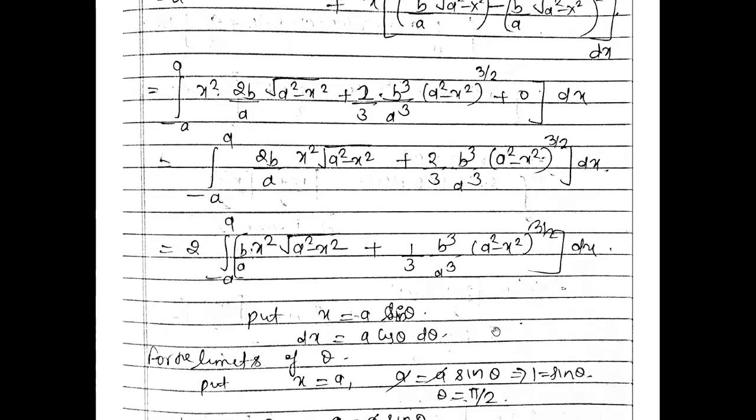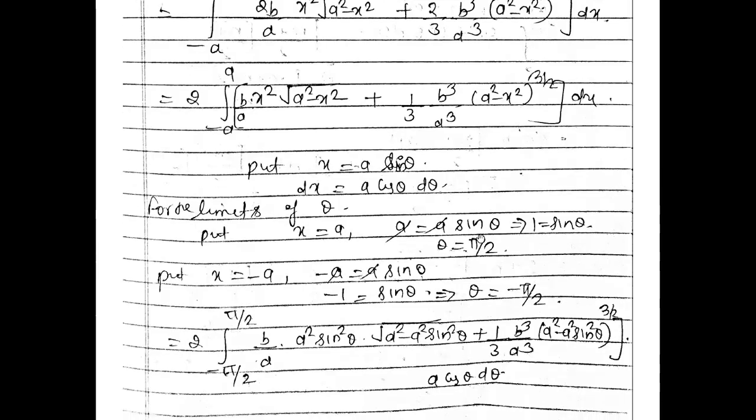Now to solve this equation, we can convert it into polar form. So put x is equal to a sine theta, dx is equal to a cos theta d theta, and our limit will be minus pi by 2 to pi by 2. So we can see that all these functions are even functions.